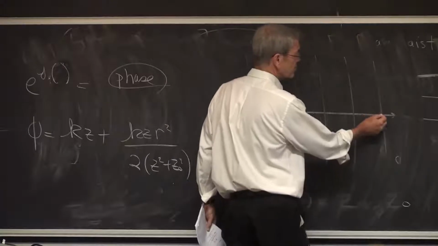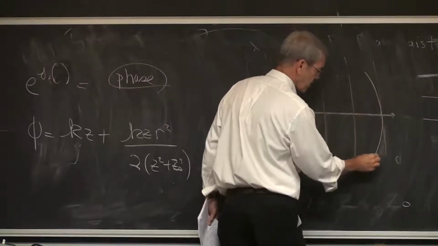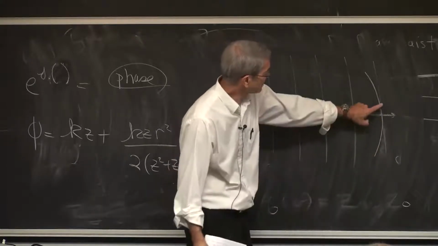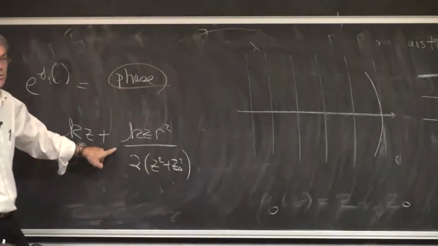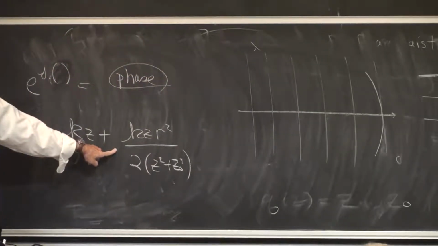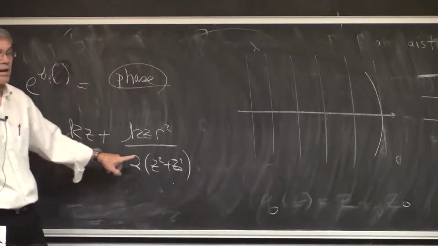And so what that says is my actual phase front looks like this. And then as I go off axis, I pick up more phase, so this is introducing some curvature to my beam. Instead of having a plane wave like I thought, I've got a modified plane wave.